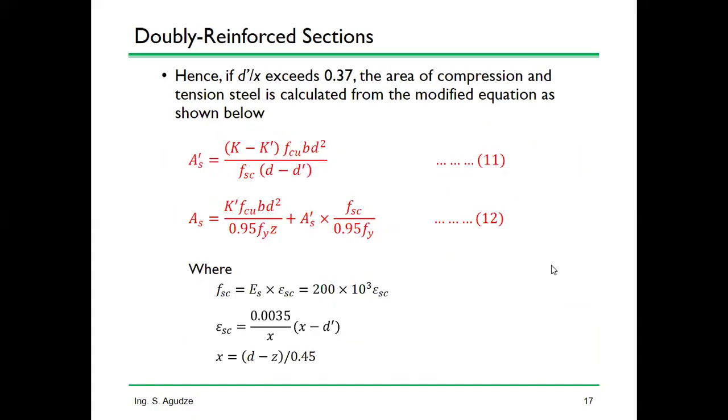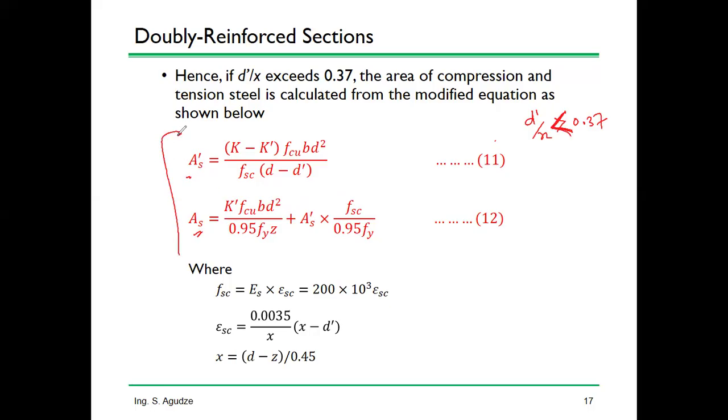Now, so we are saying that if you calculate the d prime over x and it is less than 0.37, you use this equation here to calculate the area of steel reinforcement for compression steel.